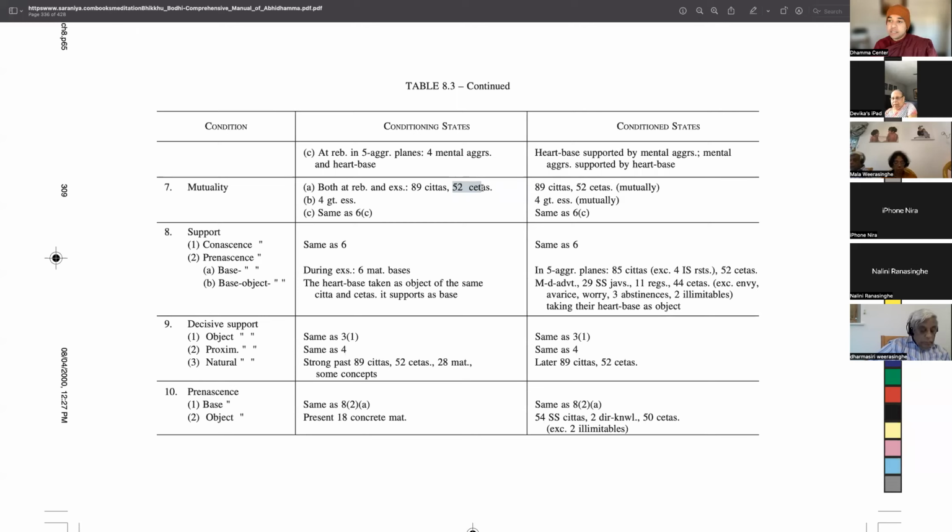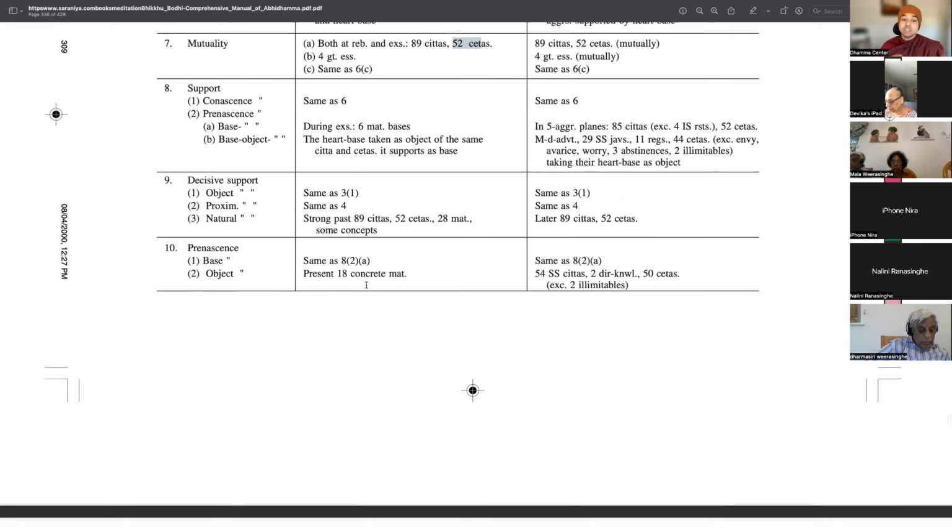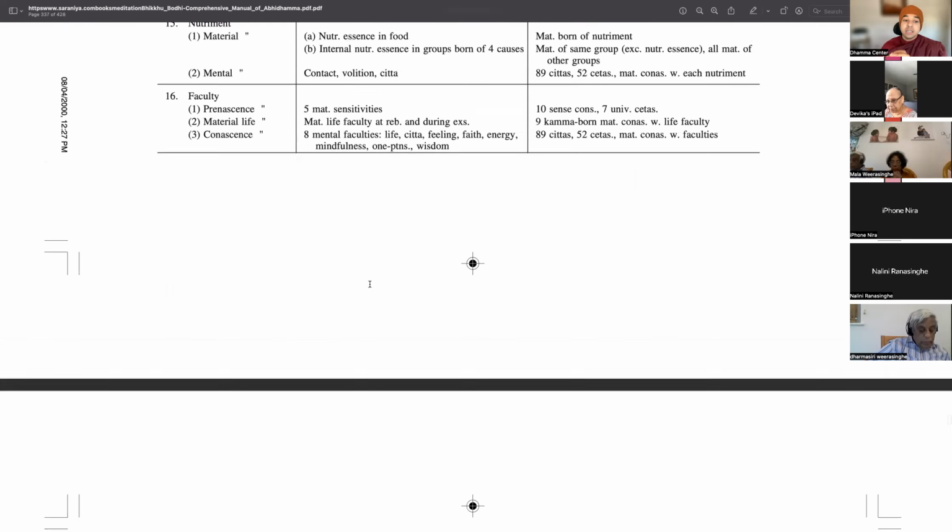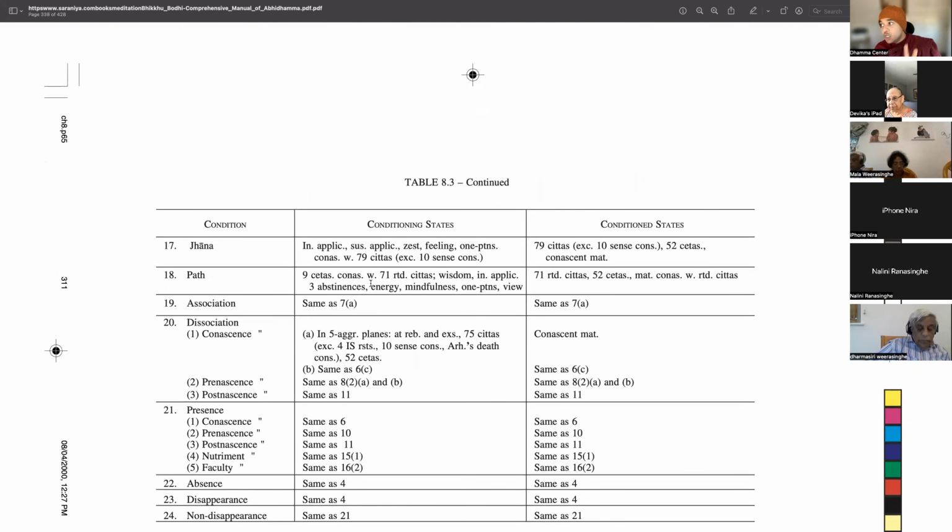It means that in association condition, the conditioning state and the conditioned state are similar by way of characteristic. Hence, they are associated with one another.